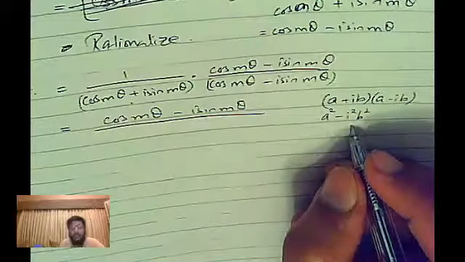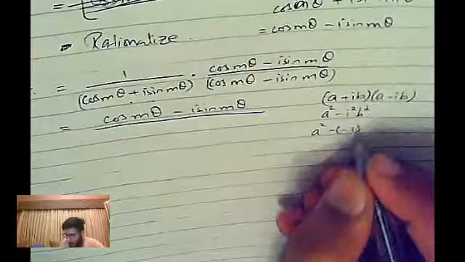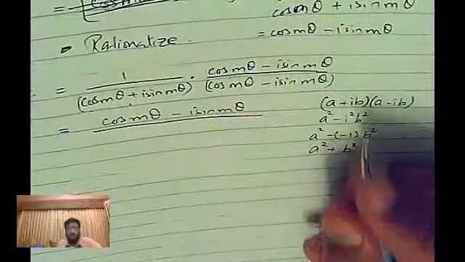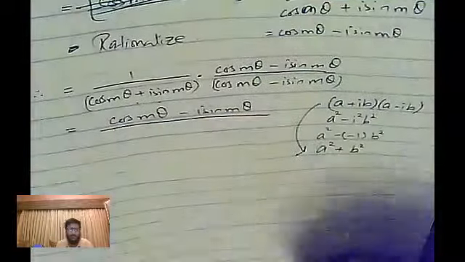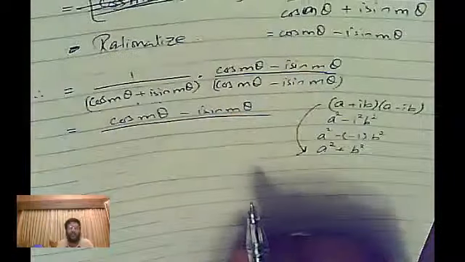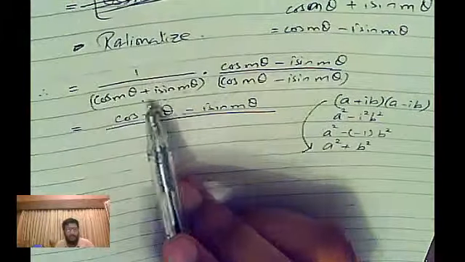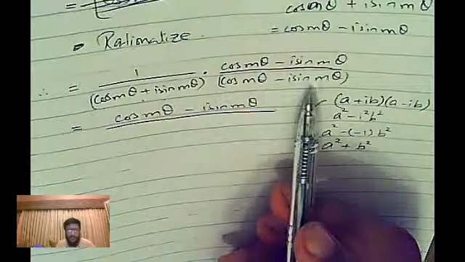Iota square equals minus 1, so minus minus 1 b square, giving a square plus b square. It's an identity. Remember this by heart: a plus iota b, times a minus iota b, gives us a square plus b square.